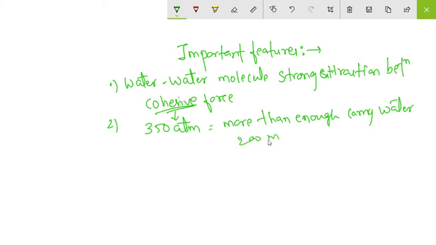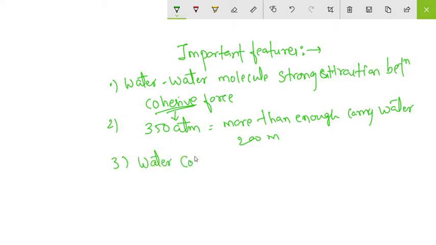It is the strongest point of this theory. Then the third point: due to this strong cohesive force, the water column remains unbreakable.